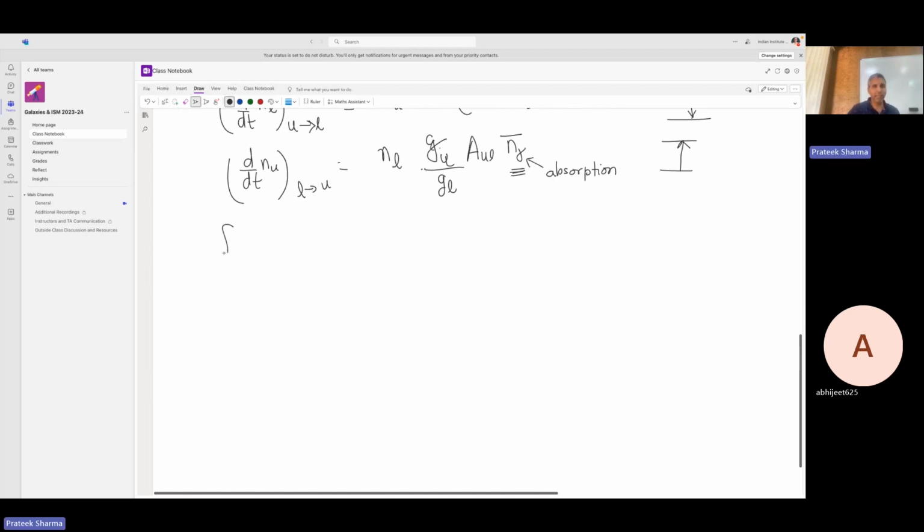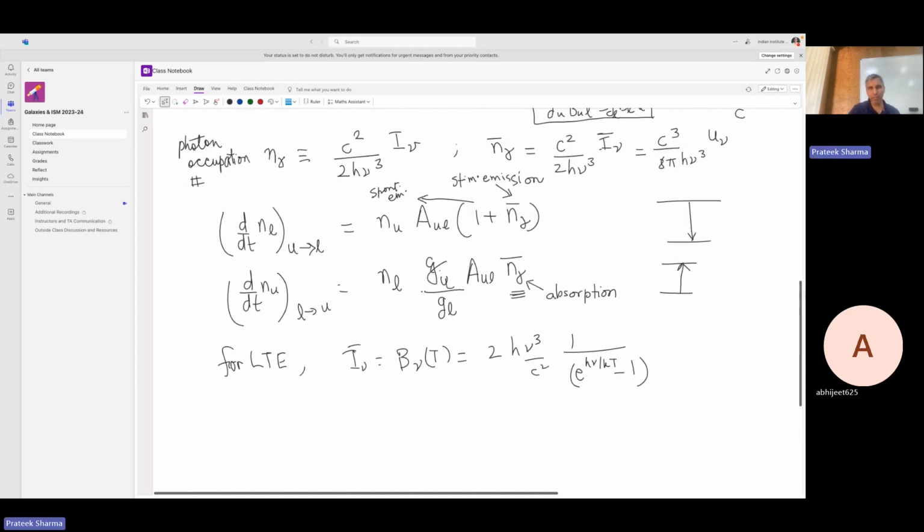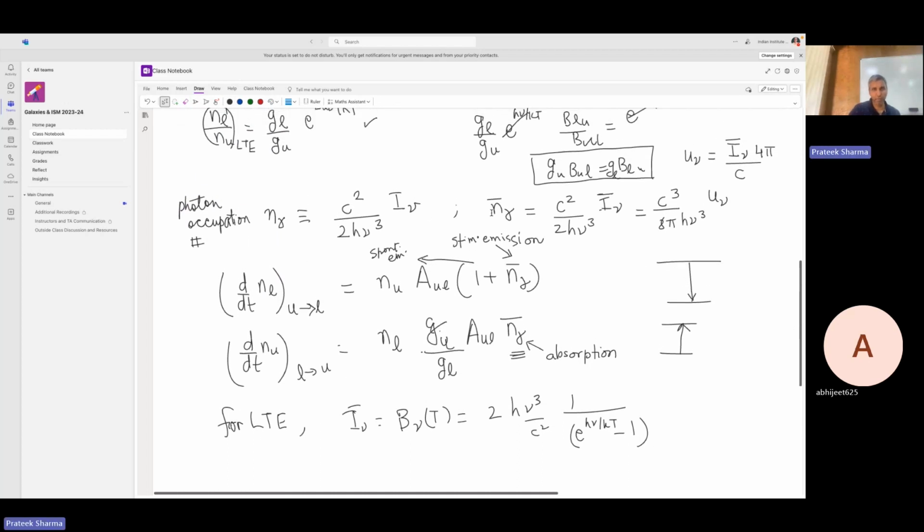So for LTE, for local thermodynamic equilibrium, what we have is I nu bar, which is equal to B nu of T, which is equal to 2 h nu cubed by c squared, 1 over e to the h nu by kT minus 1. So if we look at the expression for n gamma bar here, what is n gamma bar for LTE?